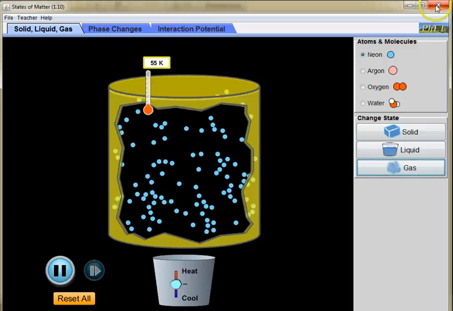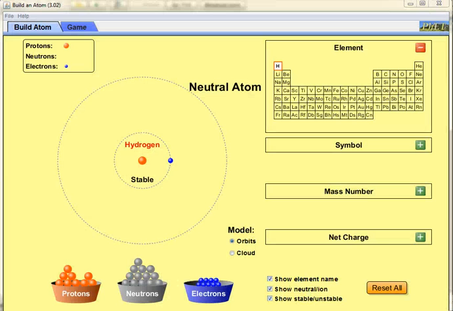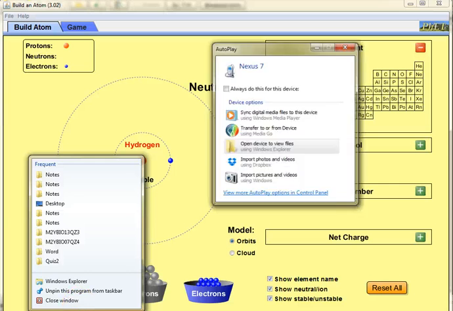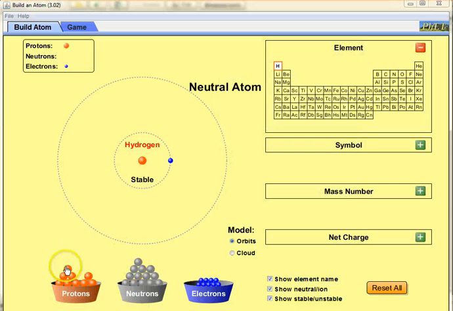All right, let's close this one and let's start with another lab. This is called Build an Atom. You can build an atom using this lab.